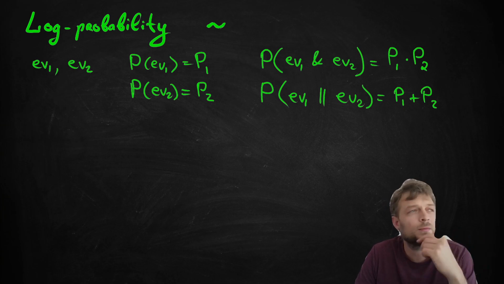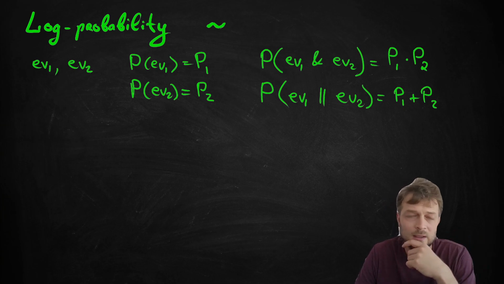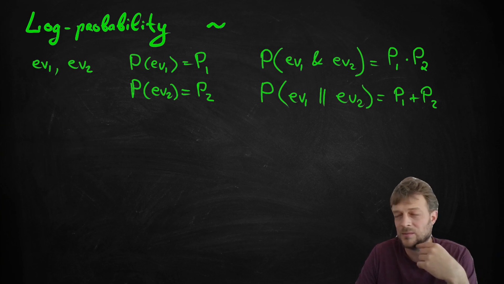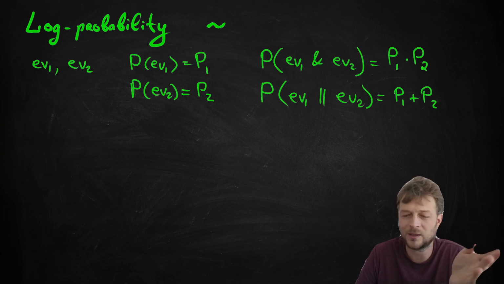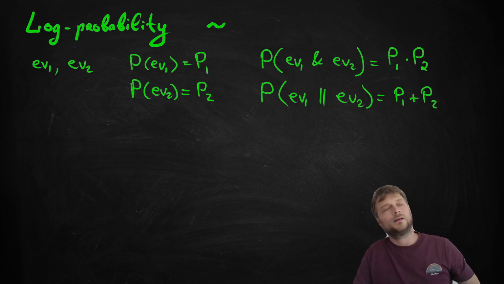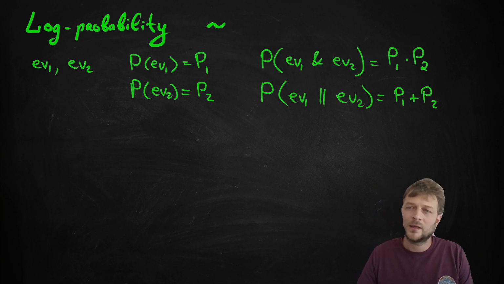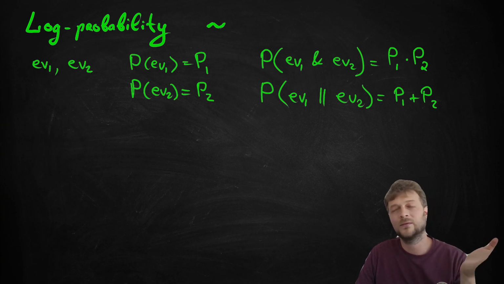Why I talked about machine learning in the past is that when people compute probabilities, for example, for large language models or some other, let's say, hidden Markov models, we have events, not two events, we have so many events.